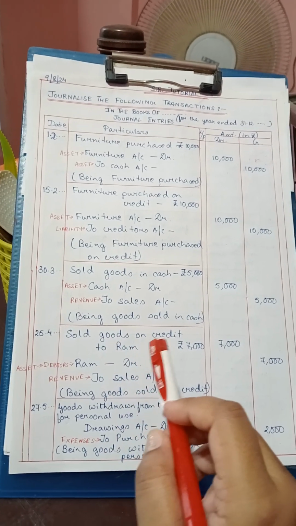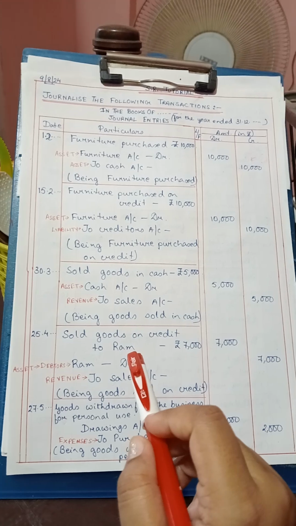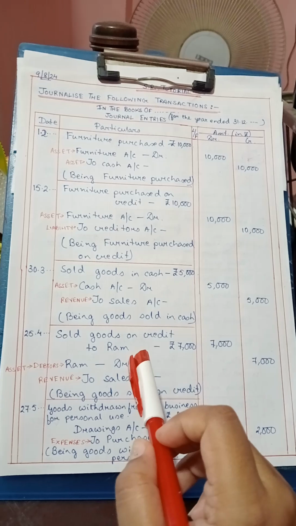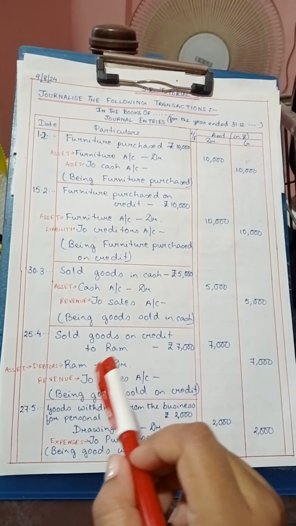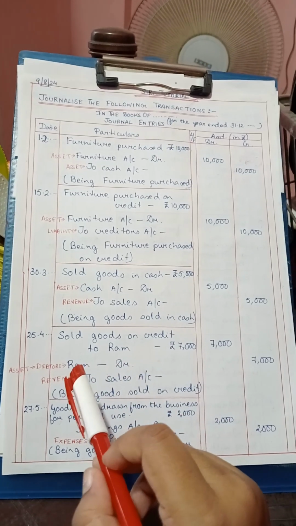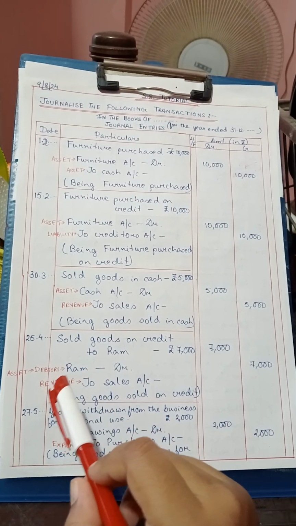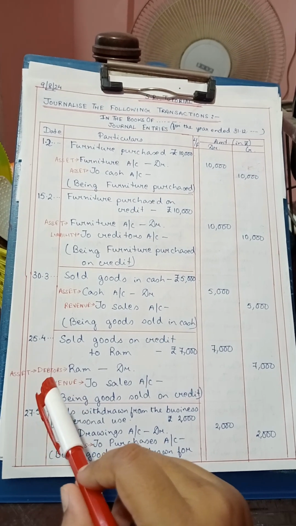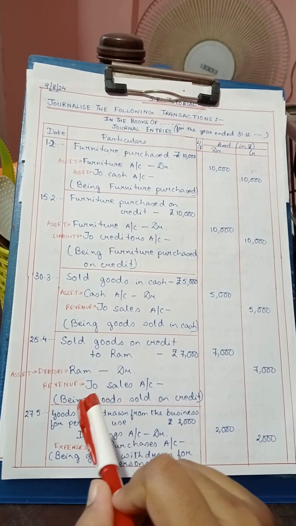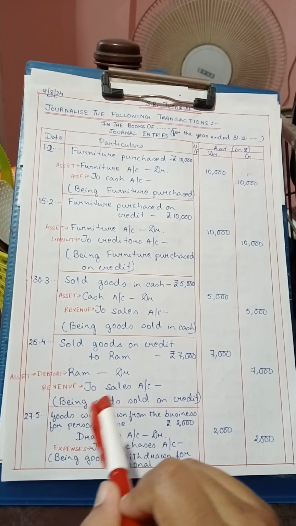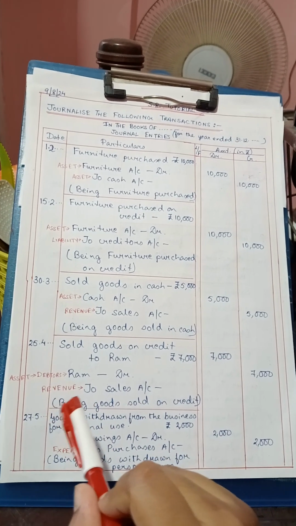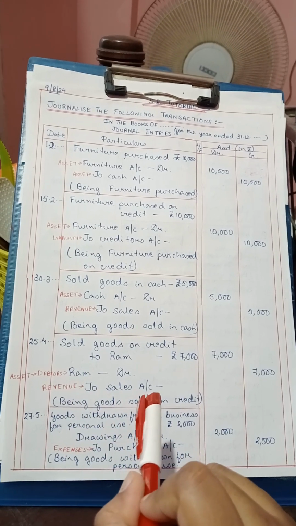Until and unless the amount of goods sold has been received, Ram stands as an asset for the business. So Ram becomes a debtor at that time. So the asset increases, so it should be debited. And at the same time revenue of the business also increases. So to sales account, revenue increases, so it should be credited.